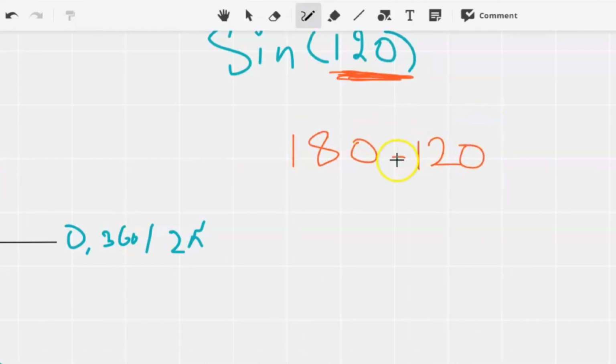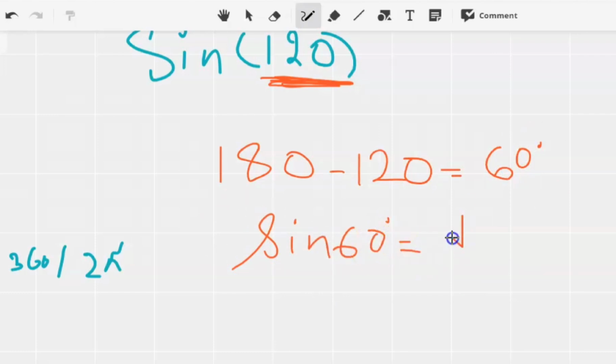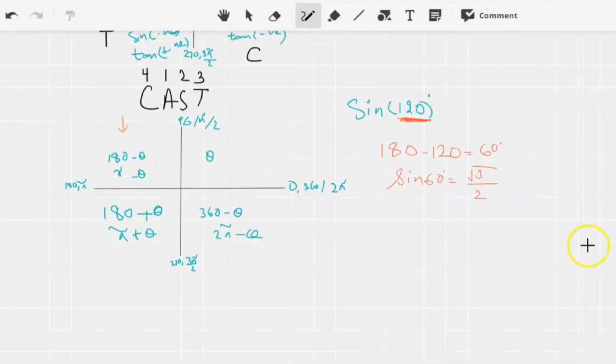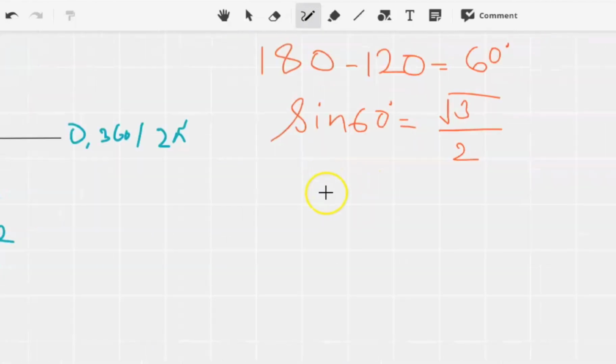So what is 180 minus 120? That is going to give you 60, right? So you can find sine 60. Sine 60 is root 3 over 2. Now you have to see if sine is positive or negative. In the second quadrant, I told you sine is positive, so that means in this one it is just root 3 over 2. Now let's do another question.